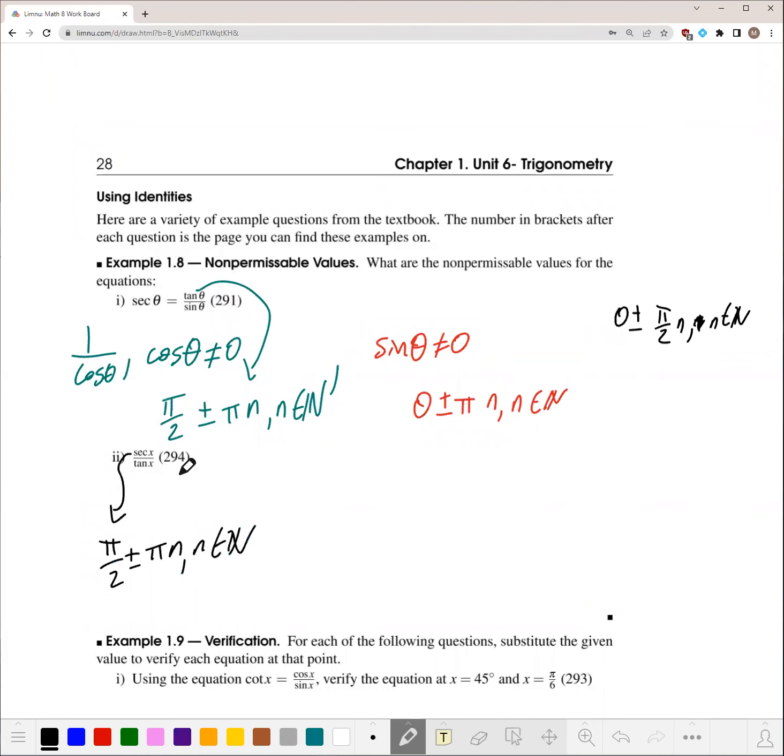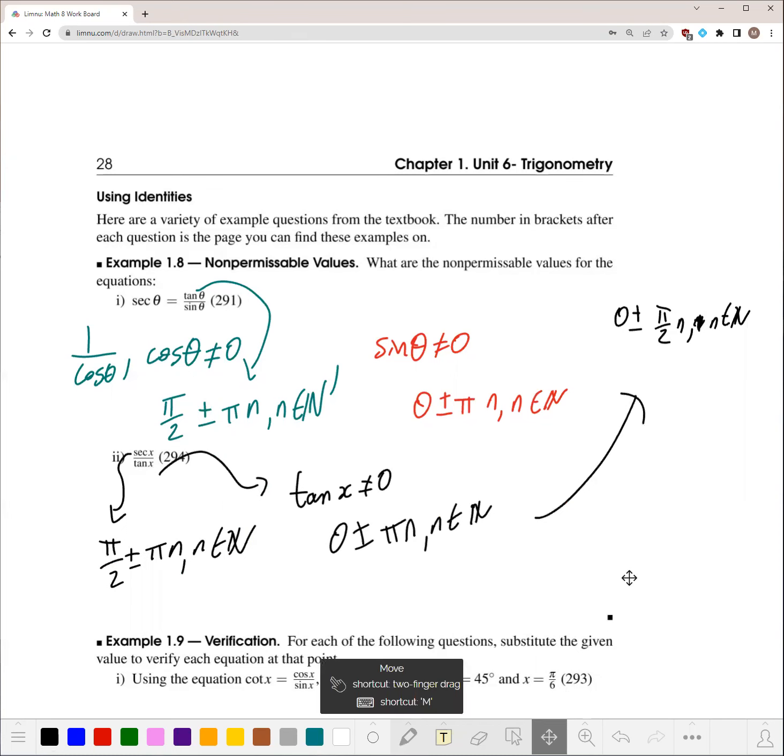And then for tangent, we know that tan also cannot equal 0. So what's the case when that'll happen? Tangent is going to be equal to 0 when the value for our y coordinate is 0. And so that means that we can't have 0 plus or minus pi n, where n is an element of the natural numbers. Okay, and so that means we actually end up with the exact same answer. Not allowed.